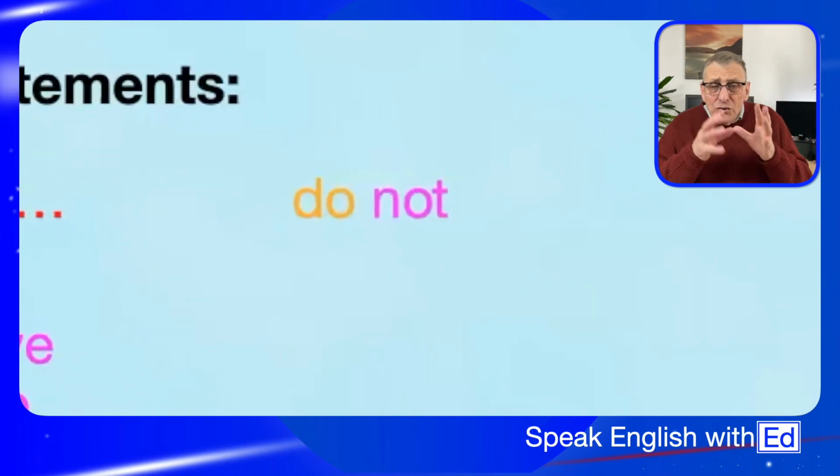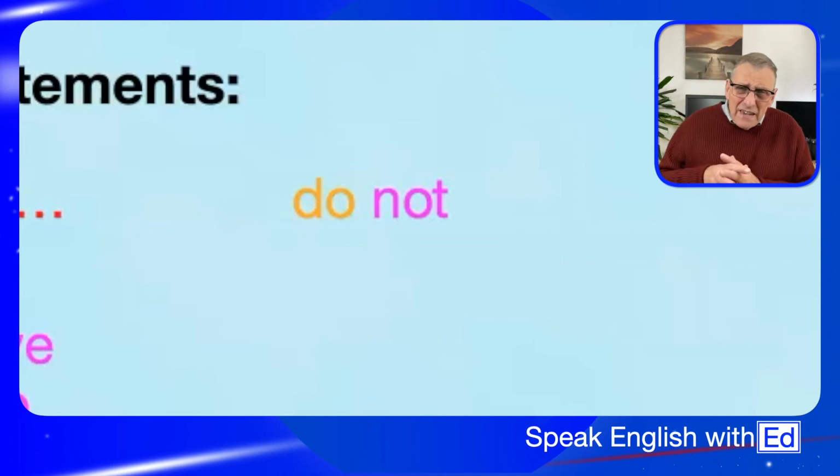Now, do not is one of these words that we don't often say as do not, but we will write do not. We usually write do not as do not, unless you're writing an email. If you're writing an email, you'll put don't. When you're speaking, we usually say don't. I don't work.